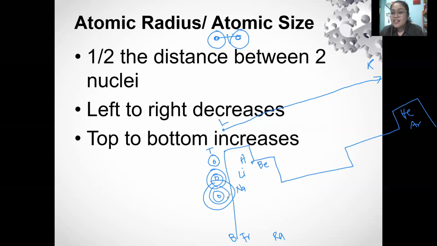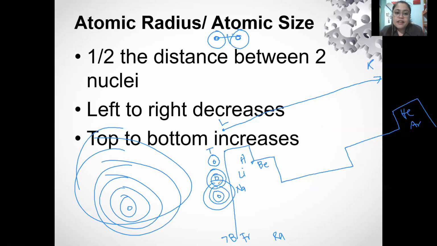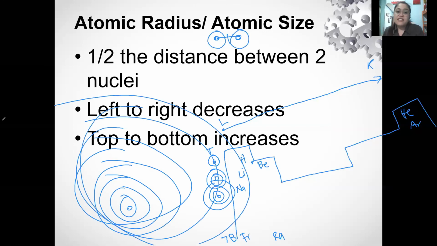Mas malaki na siya. How much more kung nasa period 7 siya na meron siyang 1, 2, 3, 4, 5, 6, 7. So, meaning, mas malaki talaga yung nasa bottom. The largest atom that we have is the atom of francium, kasi nasa bottom siya, at the same time, nasa left side pa siya. Lahat ng elements na nandoon sa right ay maliliit na atoms.